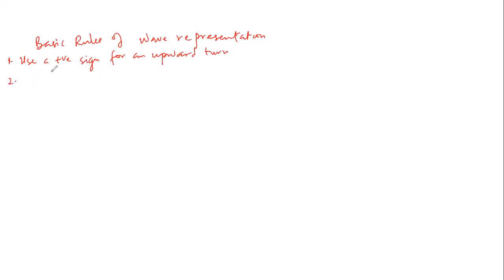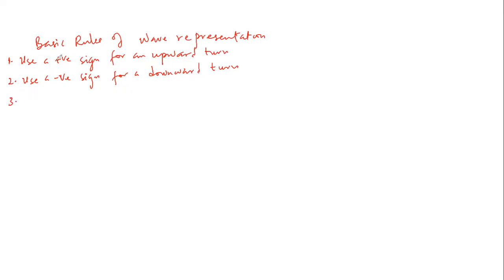And the second is to use a negative sign for a downward movement or turn while tracing the signal waveform from left to right, okay?